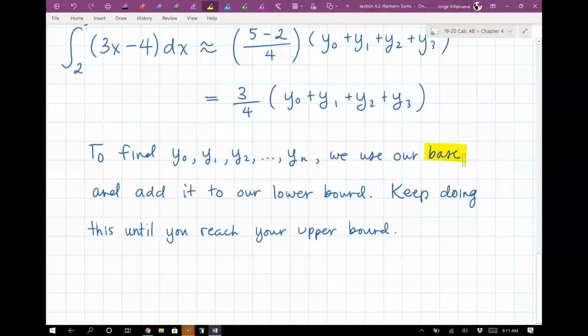What's my base again? What's the value of the base? 3/4, right? So we're going to keep adding that. I'm going to give you just a minute to finish writing that out. Because guys, once we do this part, the rest of the left, right, and trapezoid stuff is easy. The midpoint is a bit of a pain. Nobody really likes the midpoint method, to be honest with you.